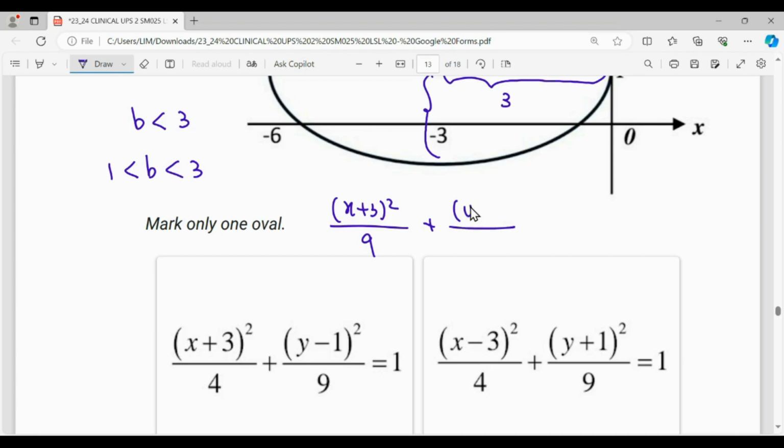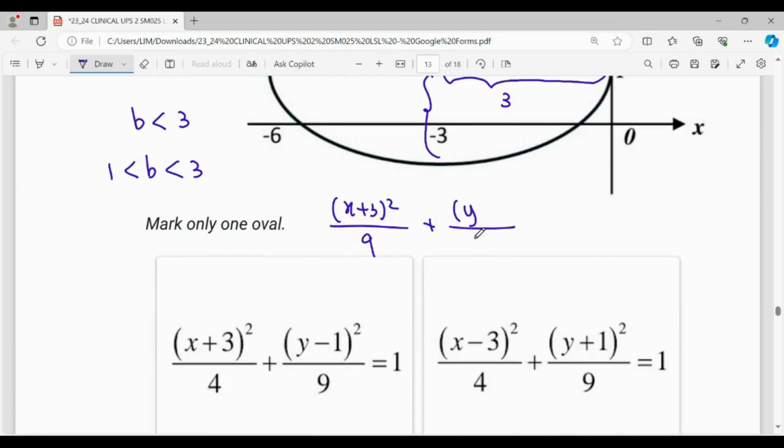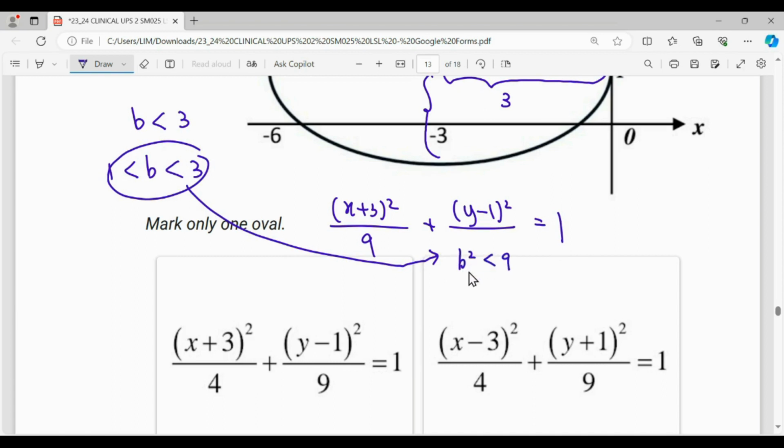Then for the y coordinate, y equals 1, so (y minus 1) squared, but b we are not sure, b is between 1 and 3, so b squared will be between 1 and 9.